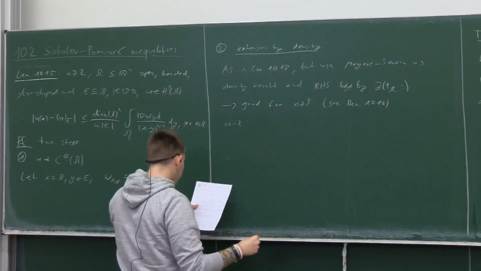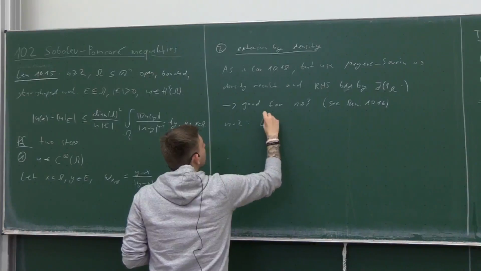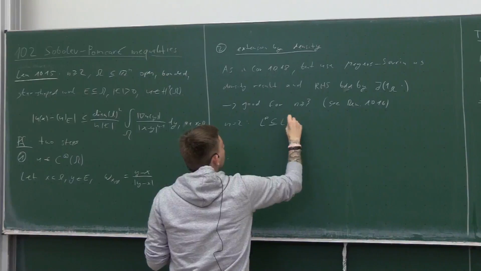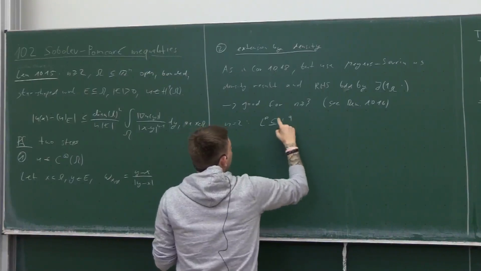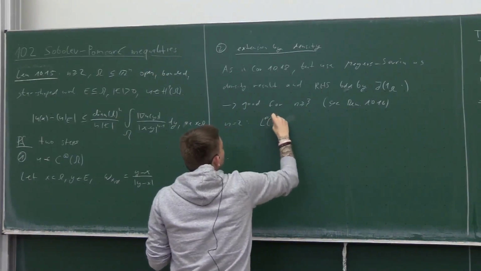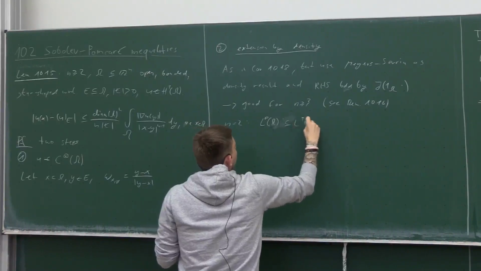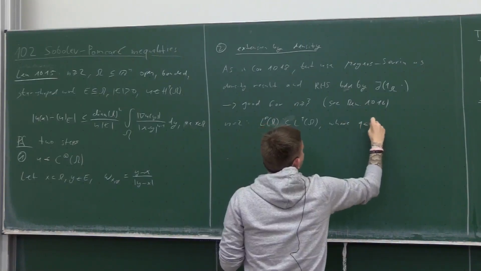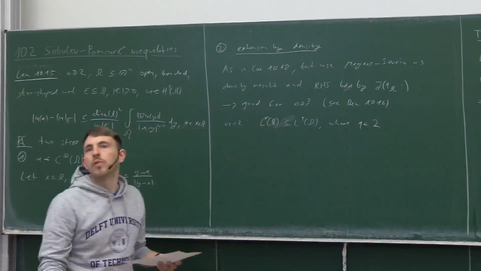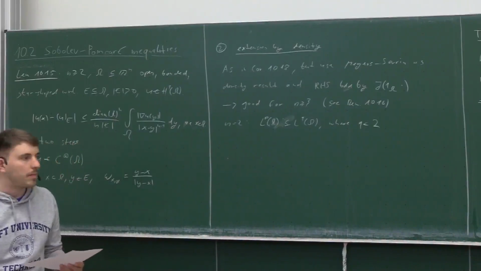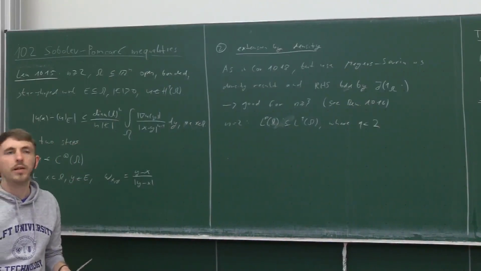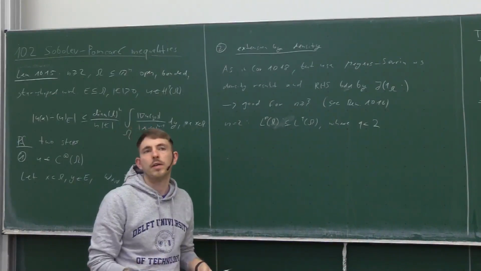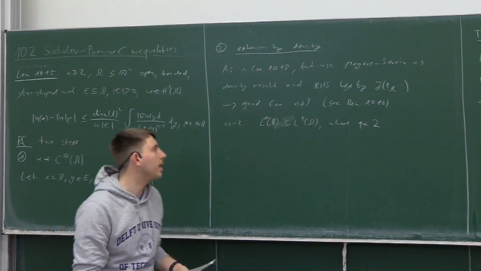So we can say that L^p embeds into L^q of omega, of course, where q is strictly less than 2, and then we can do this argument with the Hardy-Littlewood-Sobolev maximal inequality with 2 replaced by this q, and then this q will have an upper Sobolev conjugate that's finite.